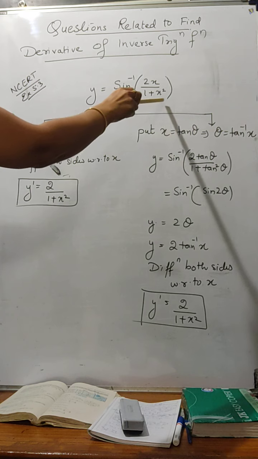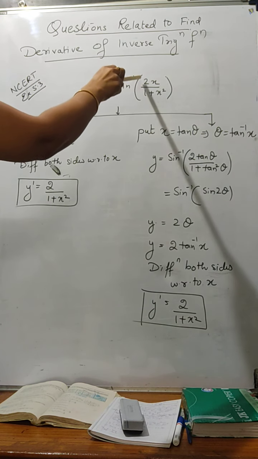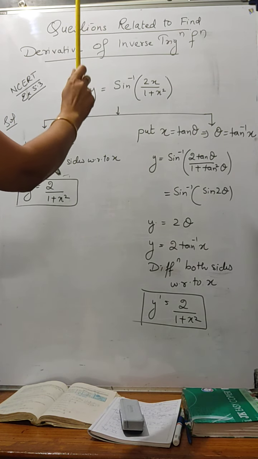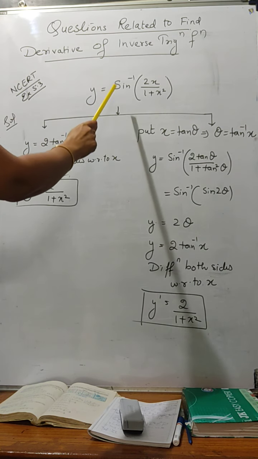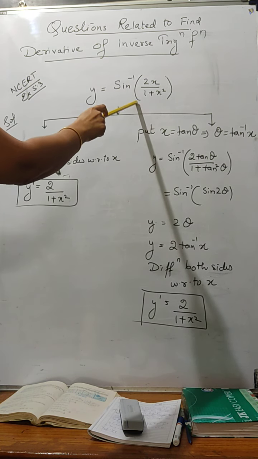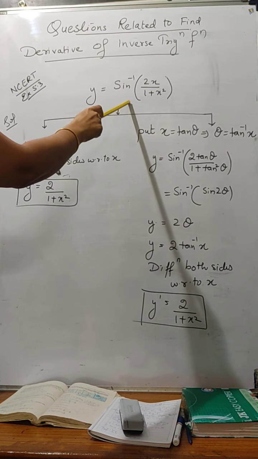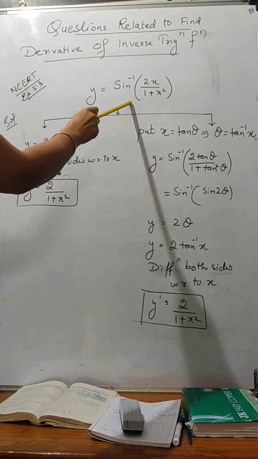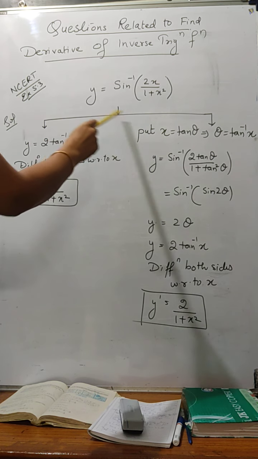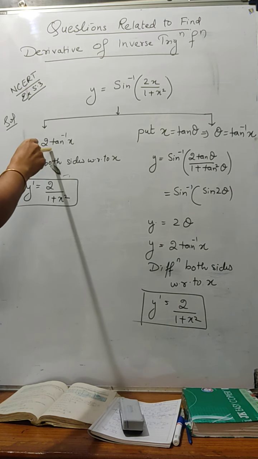You have to make the function into the lowest form, then only differentiate the inverse trigonometric function. Don't try to differentiate here itself, because it will be very lengthy and you will not reach the final conclusion. The second method is, if you don't remember this, and this too carries 1 mark.